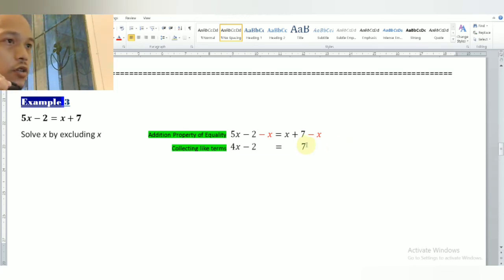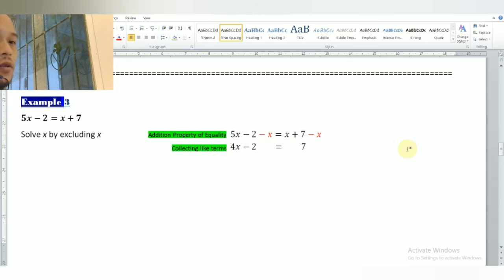And then you can see that the x is still not exclusive. It's still accompanied by 4 as a multiplier and subtracted by 2. So let's get rid of that. First I will get rid of negative 2 here, by another addition property of equality.